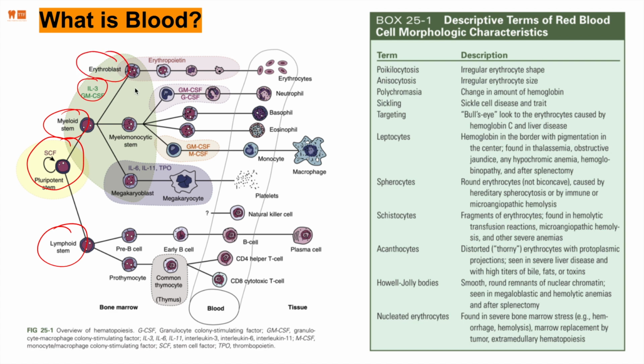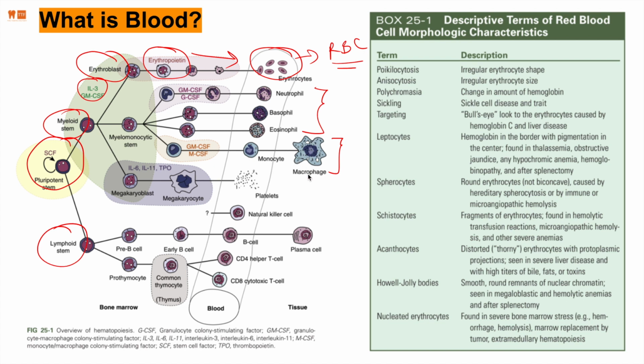erythroblast. Erythroblasts turn into erythropoietin, which is a process of maturing into erythrocytes. And guess what erythrocytes are? They're actually just RBCs. Because this is a part of blood, the same mother cell, the pluripotent cell, can turn into white blood cells, which are neutrophils, basophils, eosinophils, and monocytes.